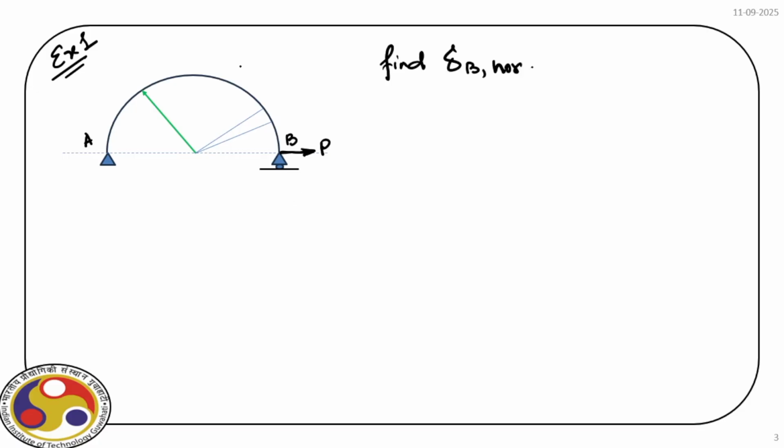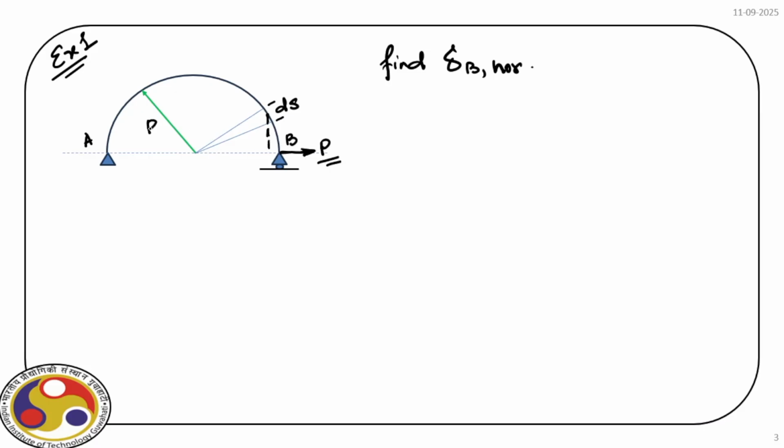Okay, so for that we consider a small segment of the arch, say this is dS. Now we can find out the moment at this point, which is caused by the force P acting at B along the horizontal direction.